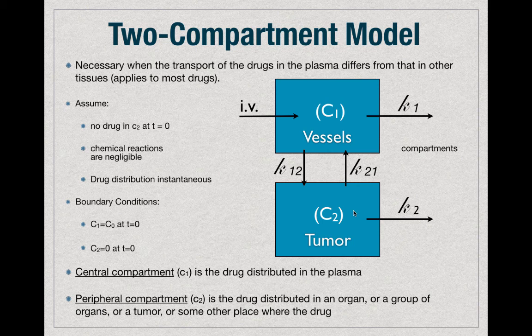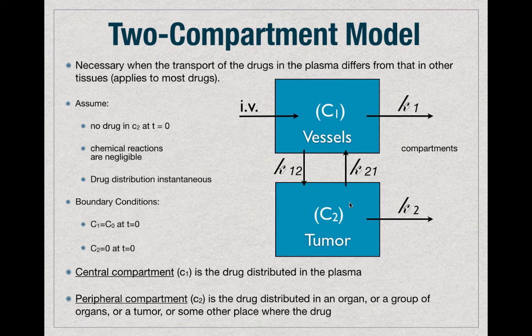In this case, we've again done an IV injection into the blood vessels. There is an elimination here with a rate constant K1, but now we've picked up two different constants. K12 is the rate at which the drug concentration goes from the blood vessels into the second compartment, in this case the tumor.